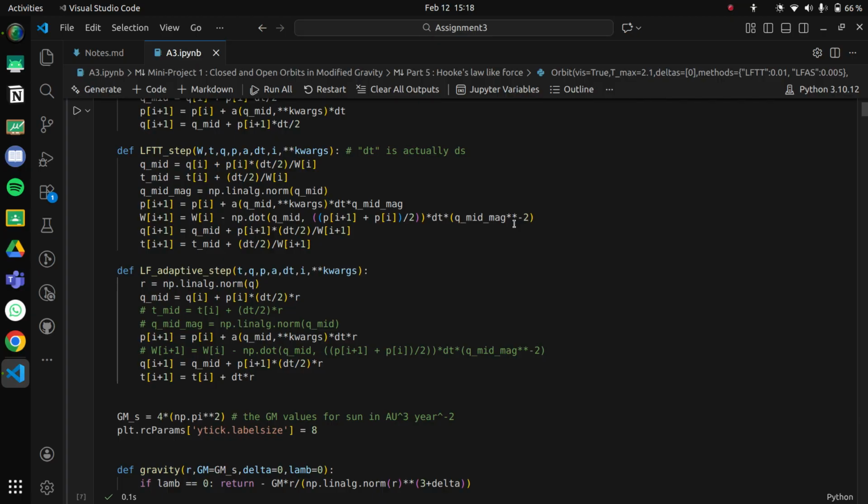Q mid magnitude, which is r basically, and then I'm incrementing w. Okay, I'm changing w, and then I'm doing this thing. Sure. Come on, man, think about it. Q mid, just doing that. Okay, that's fine. So the dt thing changes, isn't it?